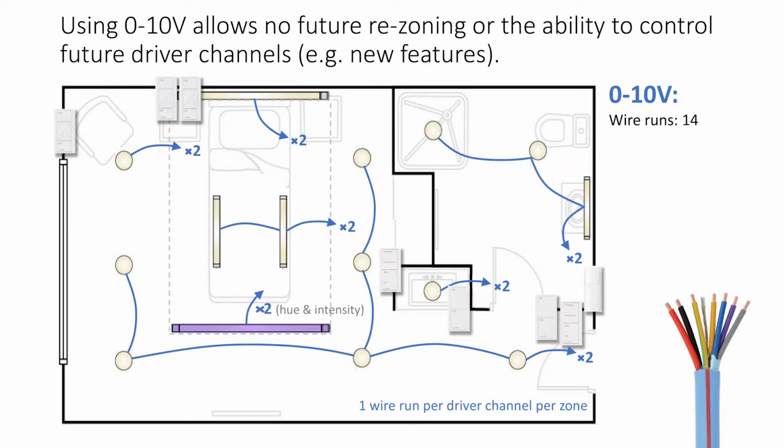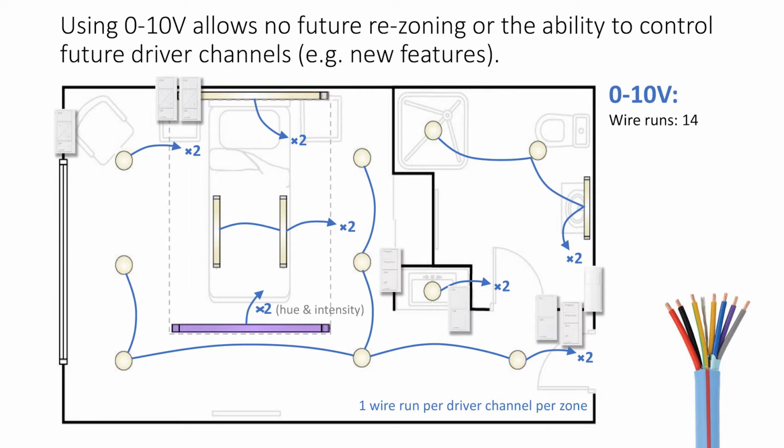So here's the problem. Every fixture in this scenario has at least two control wires, one for intensity and one for color temperature. This one has hue and intensity, so that's the different colors and the intensity. So that has two. So in our scenario, we've got 14 runs of 0 to 10 volt wiring.